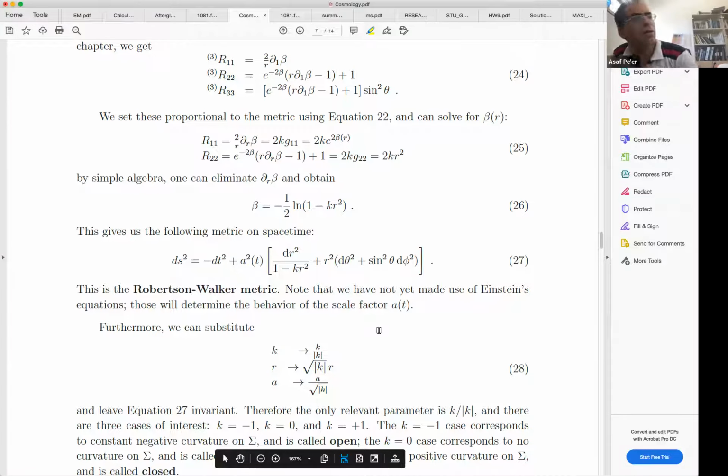So that means that although k can take any value in principle, then physically there are only 3 values of interest for k, right? Which are k equal to -1, k equal to 0, or k equal to +1. Any other value of k, I can simply renormalize the coordinates, r and the scale factor, and just absorb them in there.